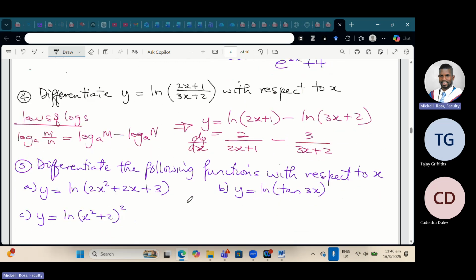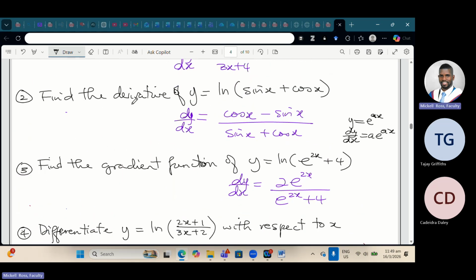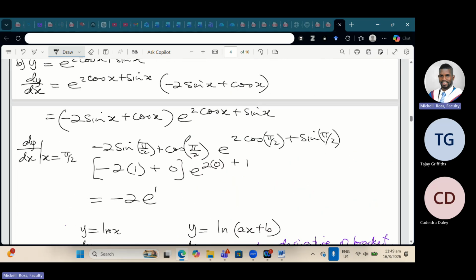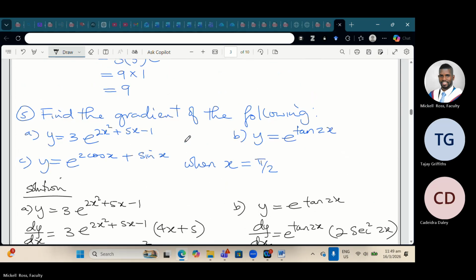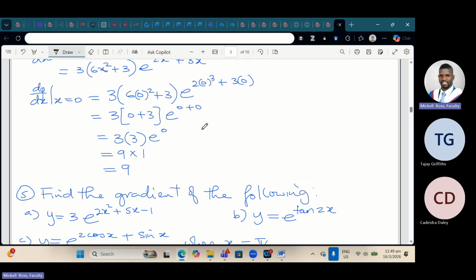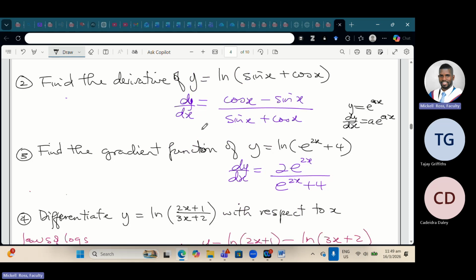So just as how they say, find the derivative of this function, or differentiate this function with respect to x, or find the gradient of the following function, and then it gives you a value for x. So those are the ways in which the questions will be worded.